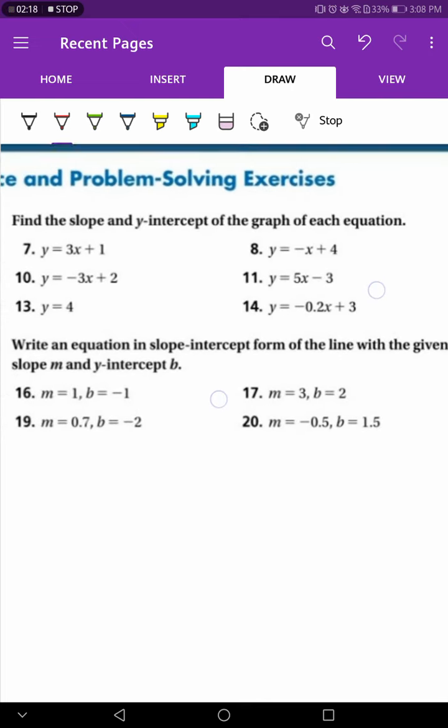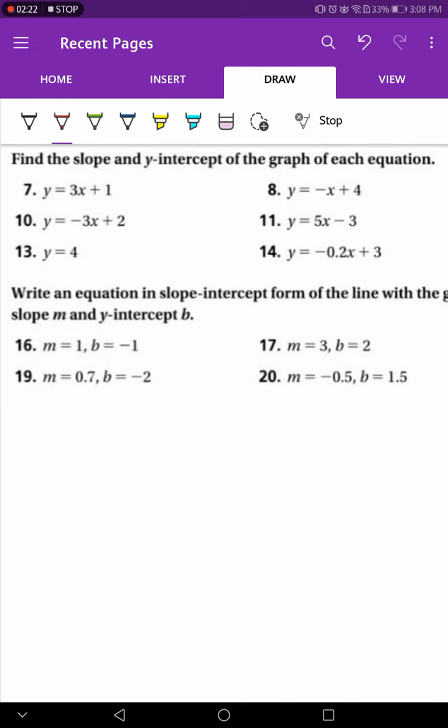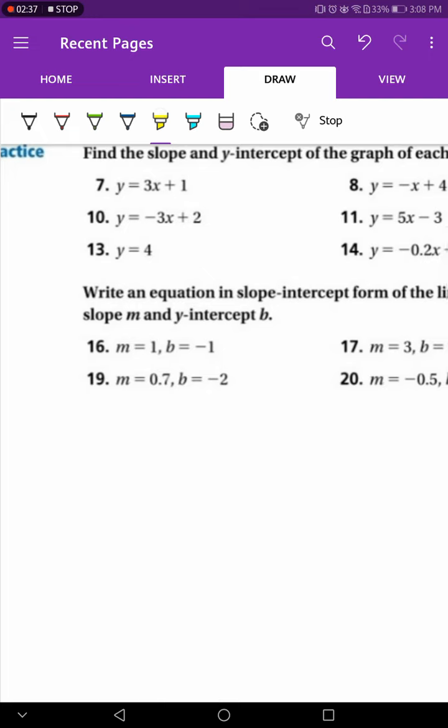this exercise. He said find the slope and y-intercept of the graph of each equation. Okay, see number 7, y equal 3x plus 1.